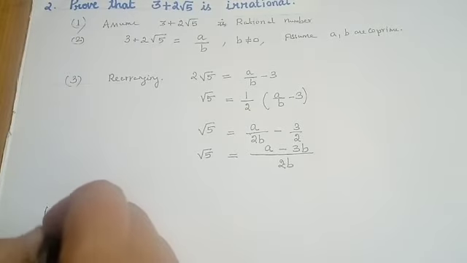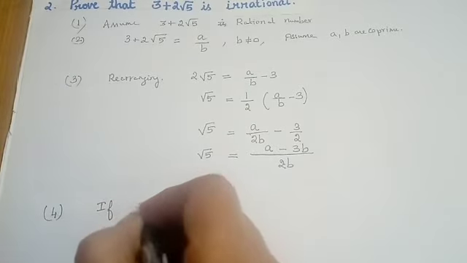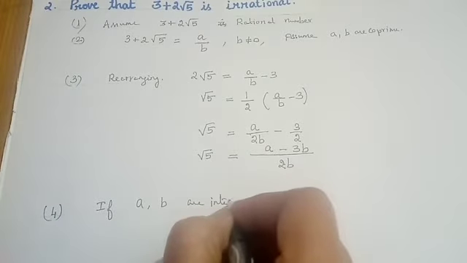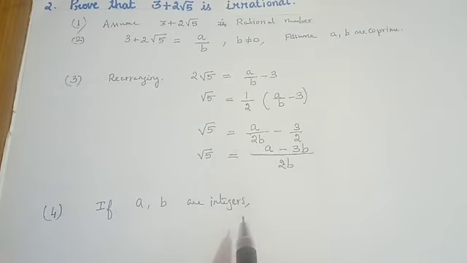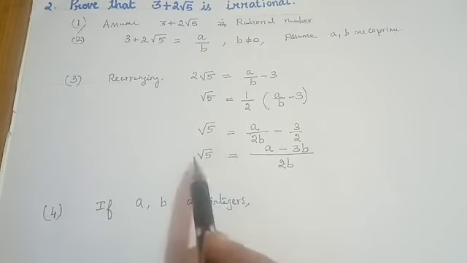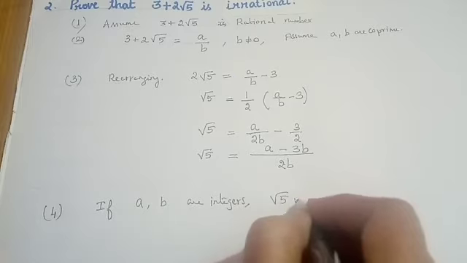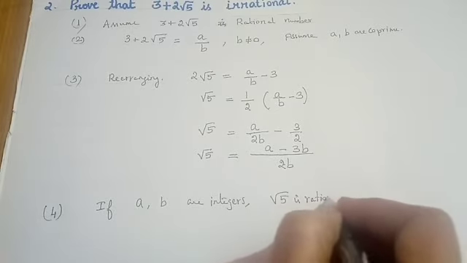Next step is, if a and b are integers, then root 5 is also a rational number.